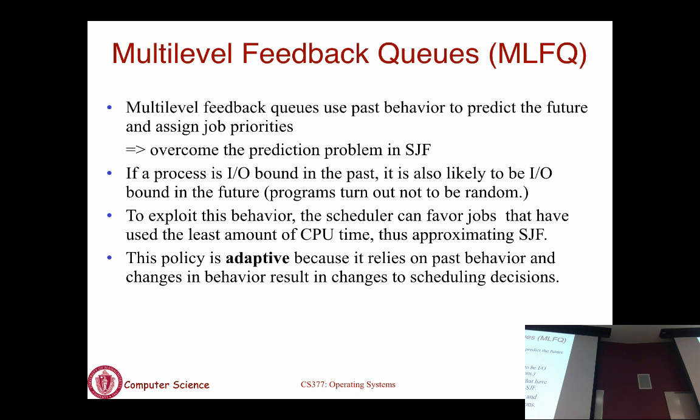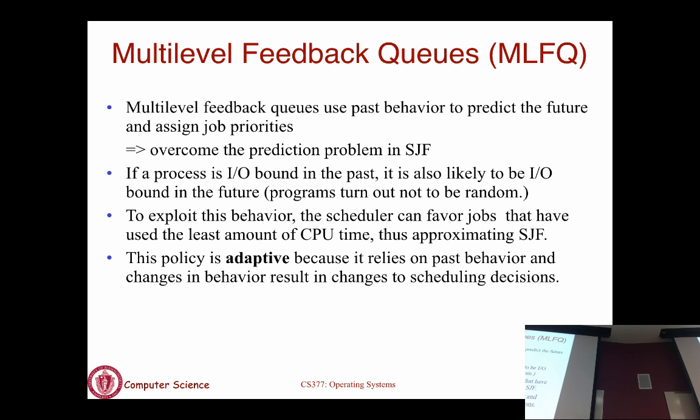But I said it's impractical because it requires knowledge of job lengths. So one question you should ask is, can I somehow approximate the behavior of shortest job first, getting that good waiting time behavior, but without the limitations? It is not practical to ask about job lengths. So how is it possible to come up with a policy that looks like shortest job first, but does not need any job length information? If you could do that, then you have a practical variant of shortest job first, one you could actually implement and get some of those properties.